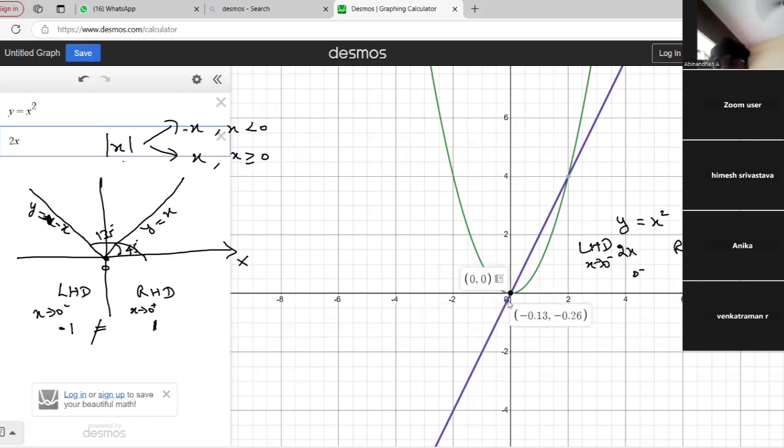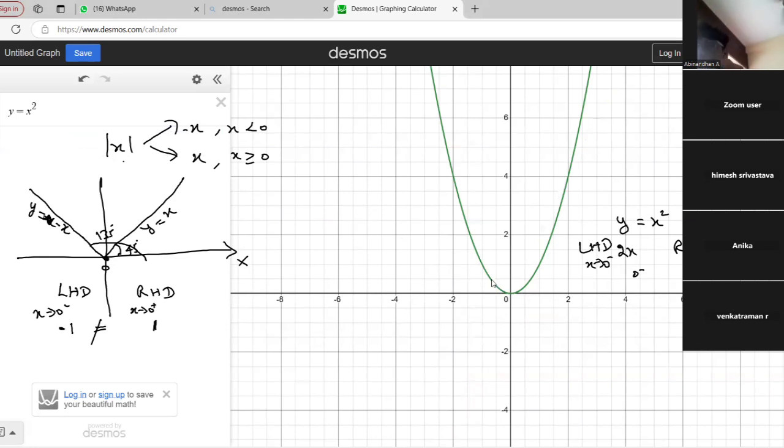A little left of 0 also, what value are you getting? Similar. They are tending to the same number, no? The limit of the derivative is approaching the same number. That's why we say the derivative exists there. And yes, I can say at this point 0, I'm able to draw the tangent line. The x-axis itself is the tangent line, no?